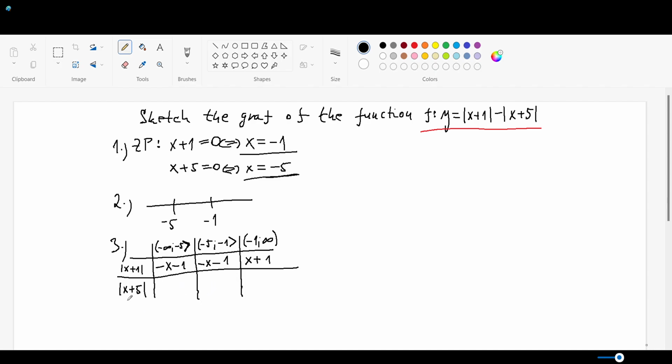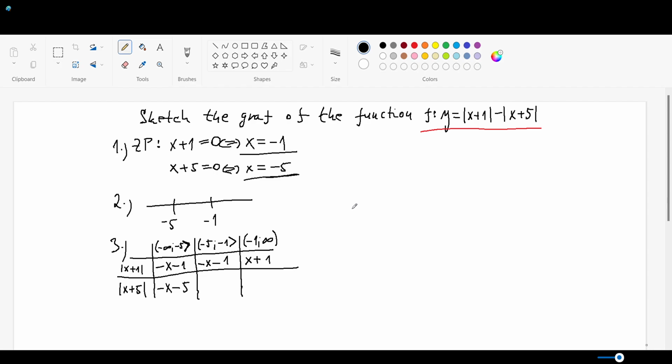So let's go back to our task. We want to find the expression for how to evaluate the absolute value of x plus 5. So we again take a negative number like -10. -10 plus 5 is for sure a negative number. So my expression is -x minus 5.